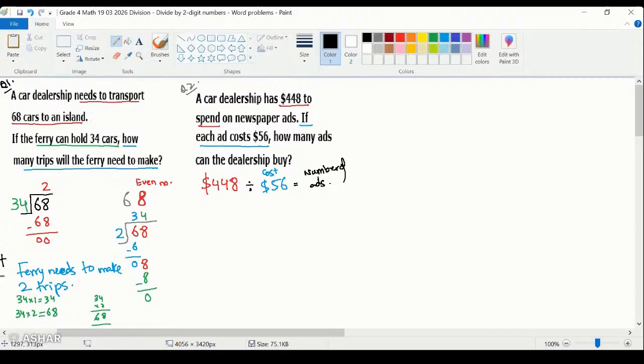Okay, Carrie, focus over here. When we need to divide 448 by 56, let's see. What we can see is we need to find the closest number.